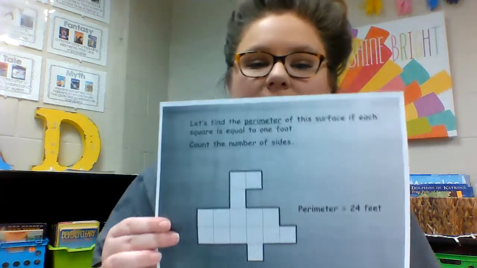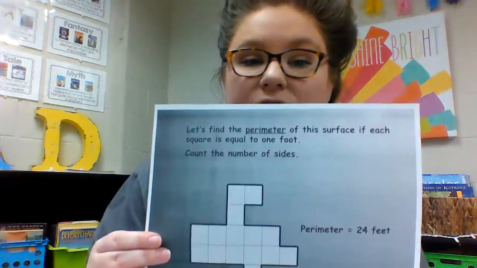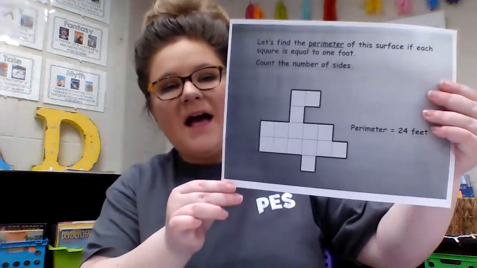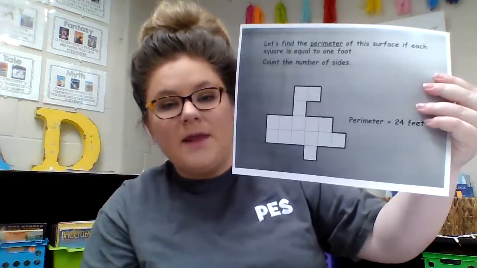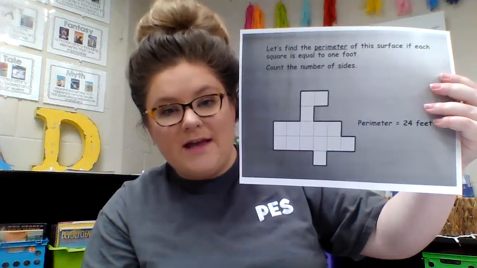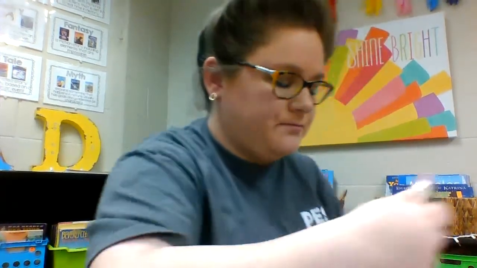So here I have a figure like this, but instead of counting the squares, I am going to make little tick marks, and I'm going to count all the edges until I find the total. So I'll put it on my clipboard here so you can see.